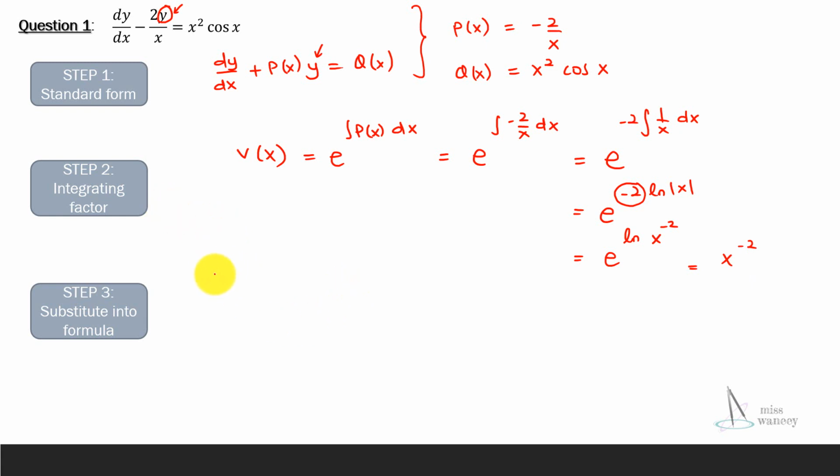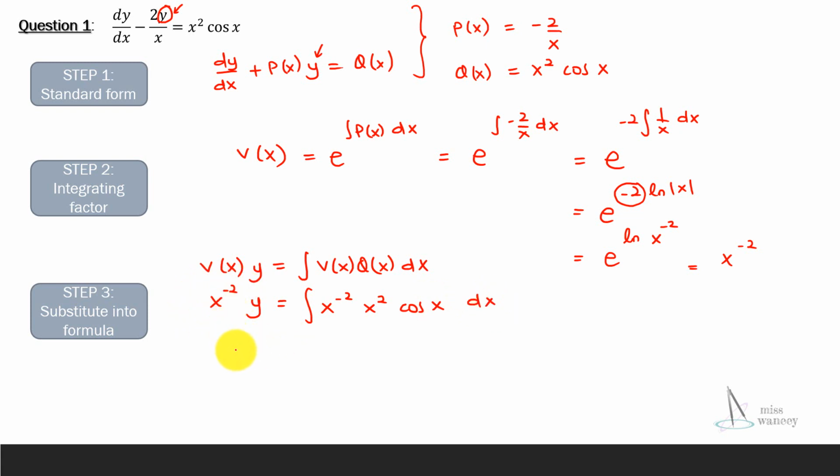Now substitute into the formula. The formula is v(x)y equals the integral of v(x)Q(x) dx. So v(x) is simply x to the power of negative 2, y is simply y, and we integrate v(x), which is x to the power of negative 2, times Q(x), which is x squared cos x, dx.